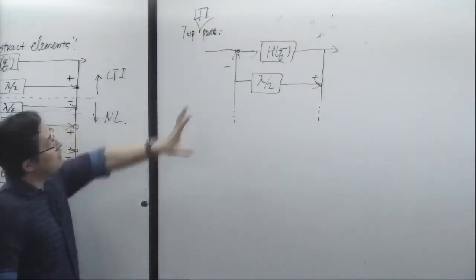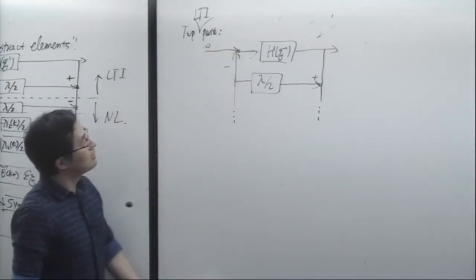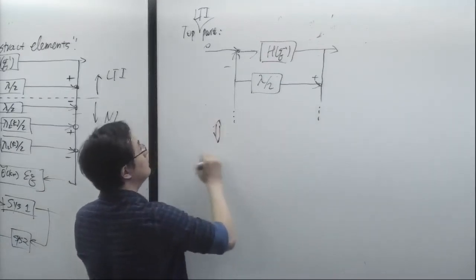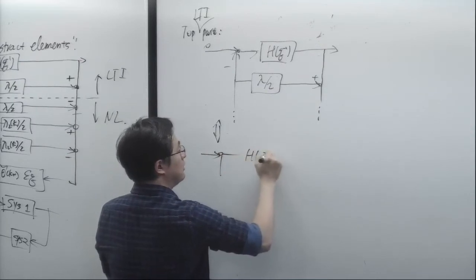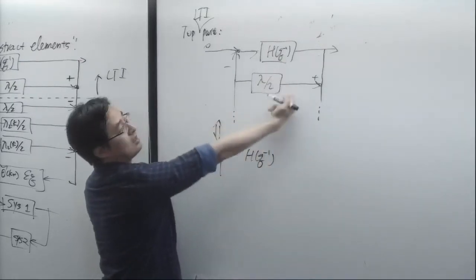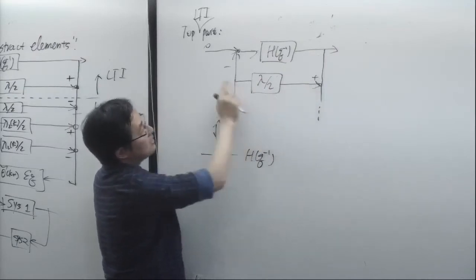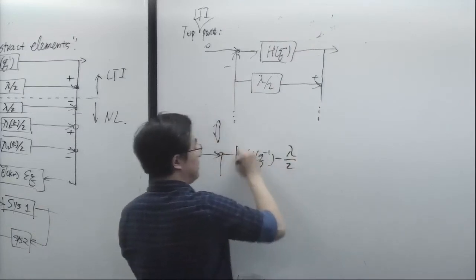Let's modify this block diagram a little bit and make it look easier to analyze. This is equivalent to HQ. You can see these two are in parallel with each other. This is a plus sign, but there's a negative sign over here. So this is actually equivalent to this.